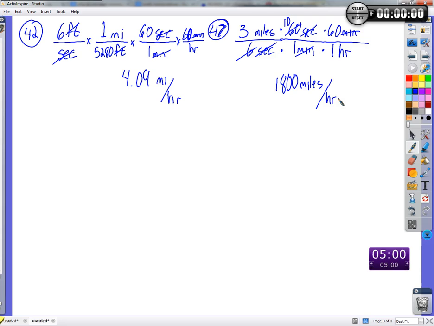So when I see really fast speeds, I like to think, how long would it take this thing to get across the U.S.? How wide is the U.S. about? Guesses? 5,000? Okay, good guess. Less? 3,870.